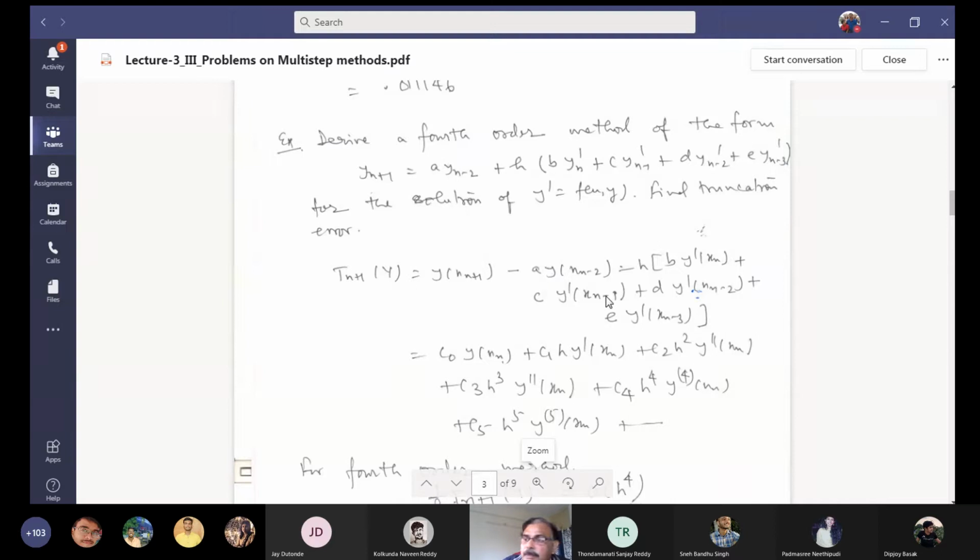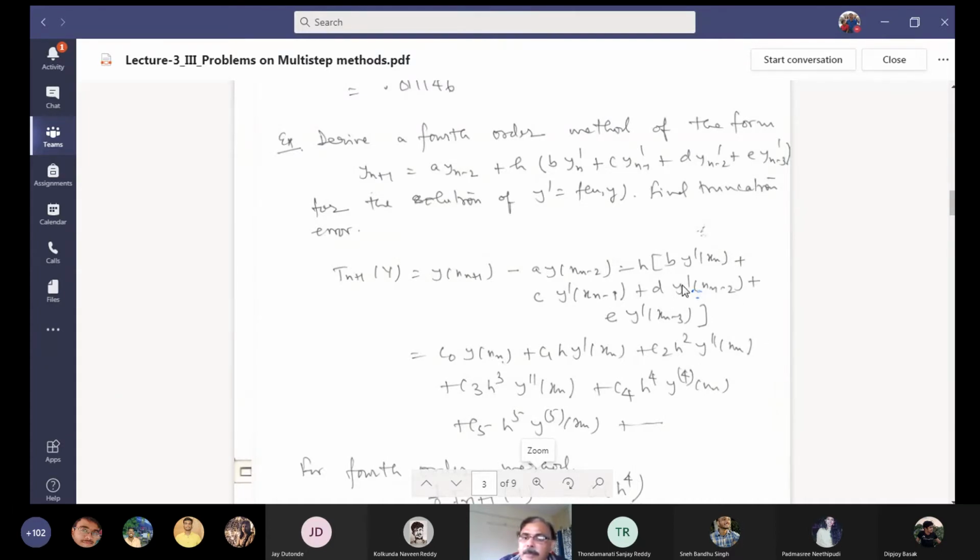Similarly, you write down for y'(x_{n-1}). The Taylor expansion will be y'(x_n) minus h times y''(x_n), and like that. So write down all the Taylor expansion.